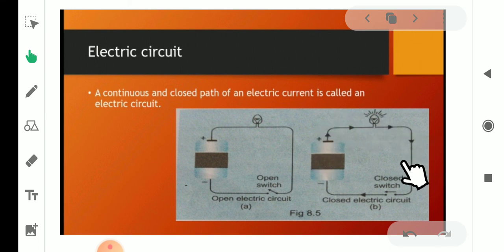The current flows from the positive terminal towards the negative terminal, the potential difference is applied with the help of a battery, and the bulb starts glowing where electric current is present. So this is a closed electric circuit. There is a continuous flow of electric current in this closed electric circuit.